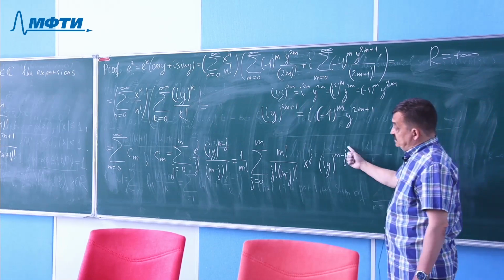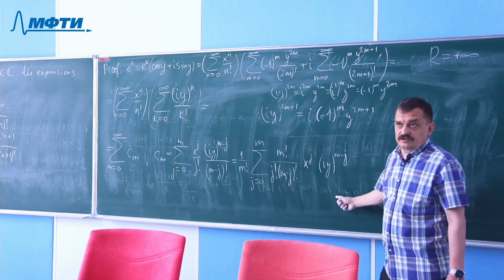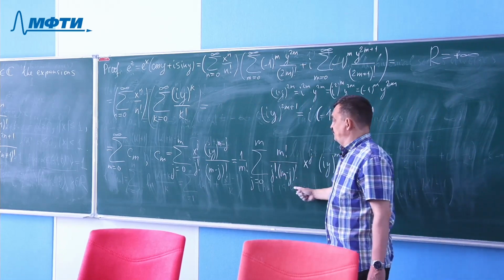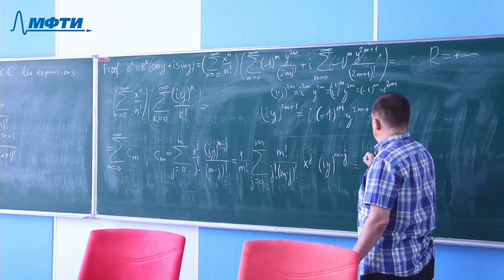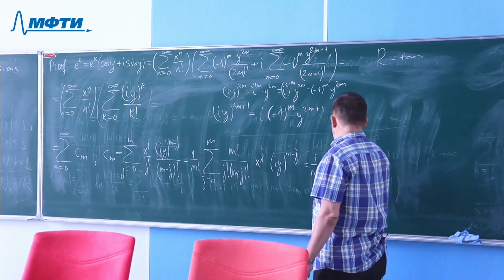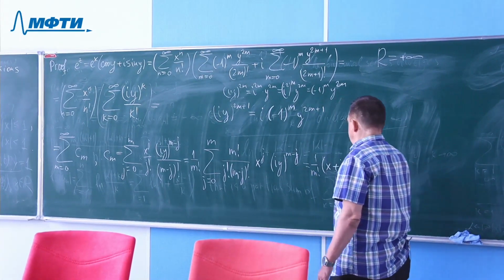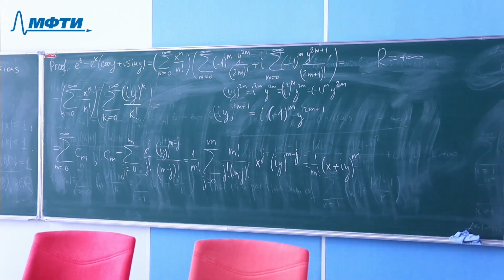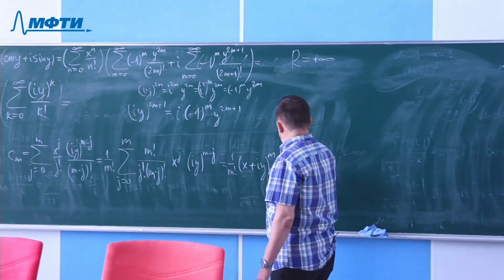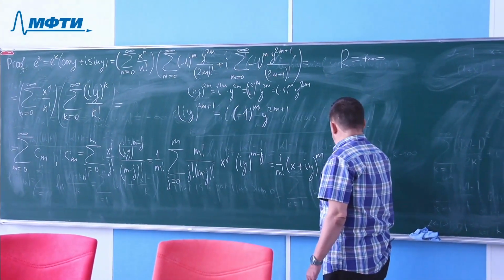And that is precisely the binomial formula, right? These are binomial coefficients. So we have 1 over m factorial (x plus iy) to the power m. And recall, x plus iy is precisely z. So z to the power m over m factorial.